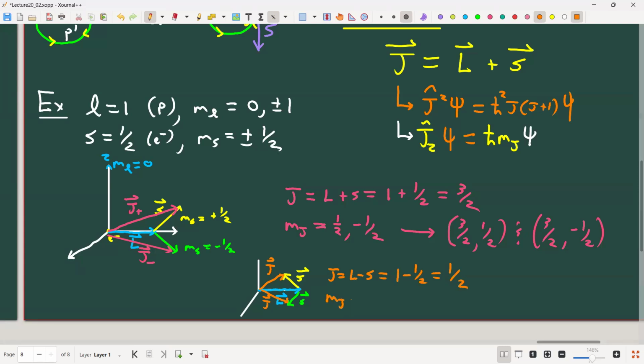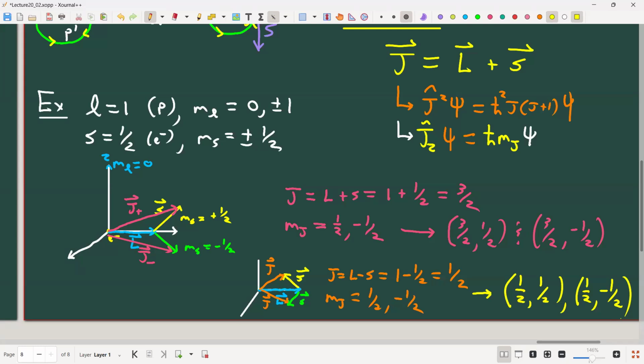And M sub J is 1/2 and minus 1/2, either one. So now I've created new angular momentum states, 1/2, 1/2, and 1/2, minus 1/2. If I took M sub L equals 1, where now L is also pointing up or down, then I'm also going to get M sub J equals 3/2 as well.